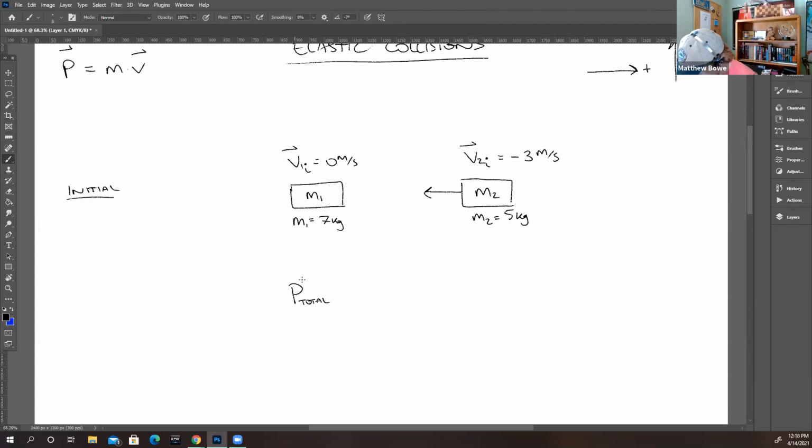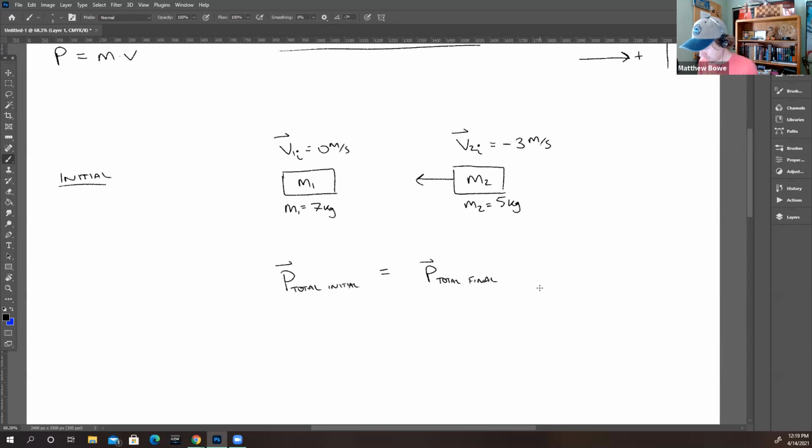So I'll say momentum total initial is equal to momentum total final. So you just compare before and after the collisions. And this is case A in our instructions. That works very well when something is not moving like this.